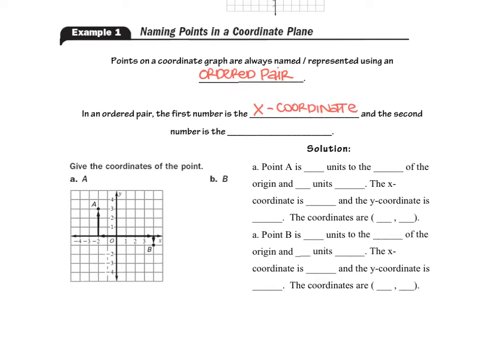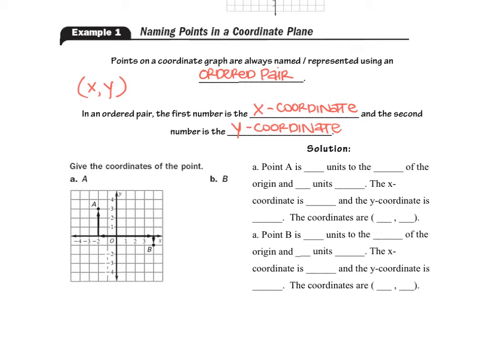And the second number is the y-coordinate. So when we write an ordered pair, we always put it in parentheses, and so the first number is the x-coordinate, the second number is the y-coordinate. You can remember that it goes in alphabetical order, so it looks like (x, y). And it's important that when we give coordinates that we always put them in parentheses.